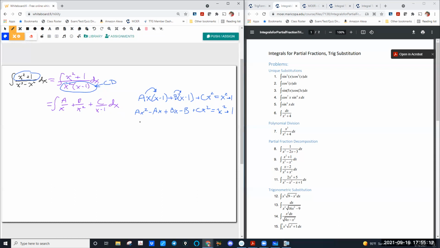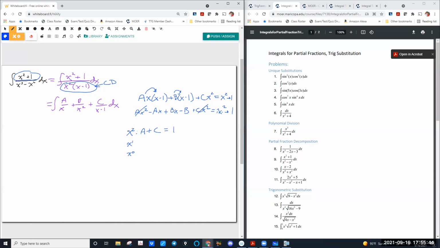Now we set up our system, and we have an x squared term, an x term, and a constant term. So next, we're going to set up an equation for the x squareds, the x's, and the constants. For x squared terms, we have A plus C equals, and we have an x squared over here, right? That means it's going to be equal to 1.